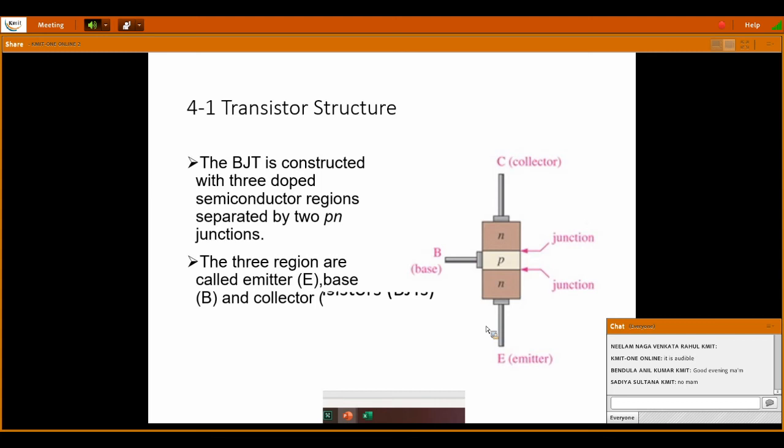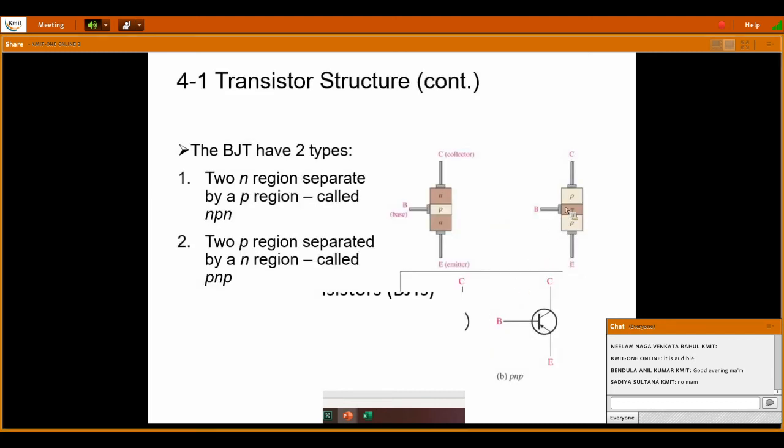If we have two N regions separated by a P region, it is called an NPN transistor. If we have two P regions separated by an N region, it is called a PNP transistor.